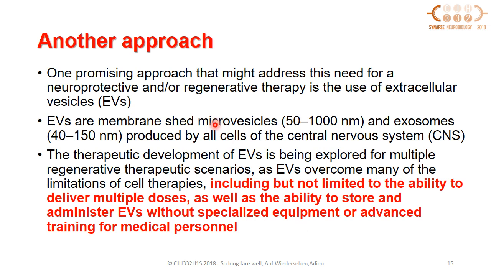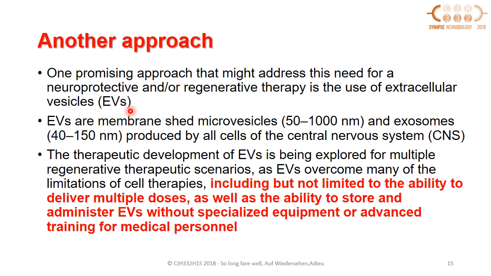One way that we might get around this is to look at papers like the one that I just showed you, and you don't need to worry about memorizing specific details of specific papers or any of the titles. But one approach is to use what are collectively called extracellular vesicles. I'm hoping that you've at least encountered them before in your first or second year biology class, because increasingly they are a really big part of biology.